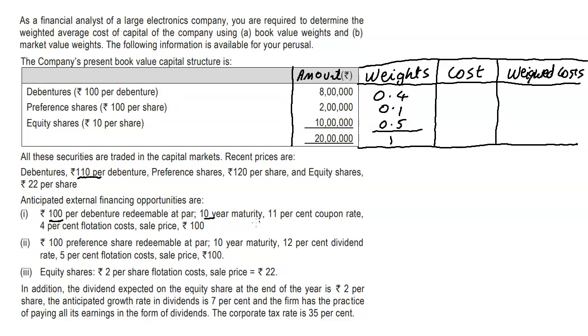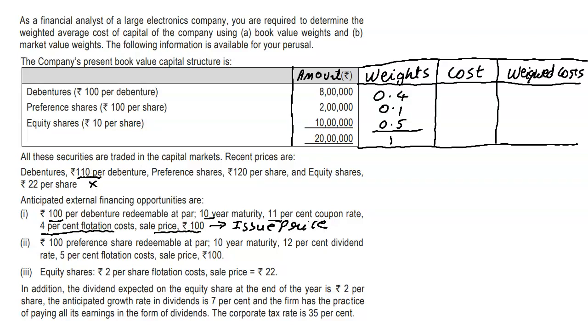Number of years is 10. Interest rate is 11%, and we have 4% flotation cost, but a sales price of 100. Now, the moment they tell us the sale price is 100, that means the issue price is going to be this number over here and not that number.